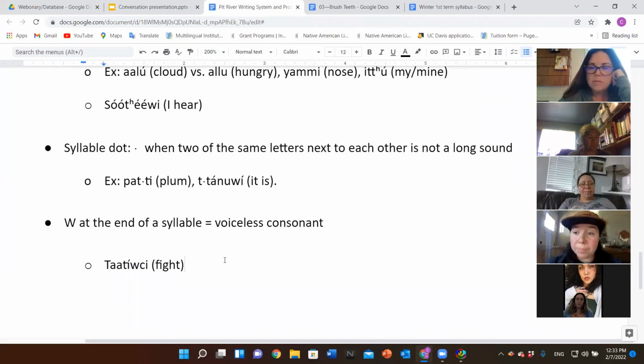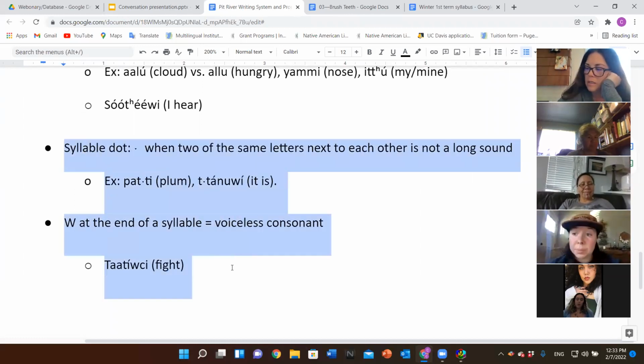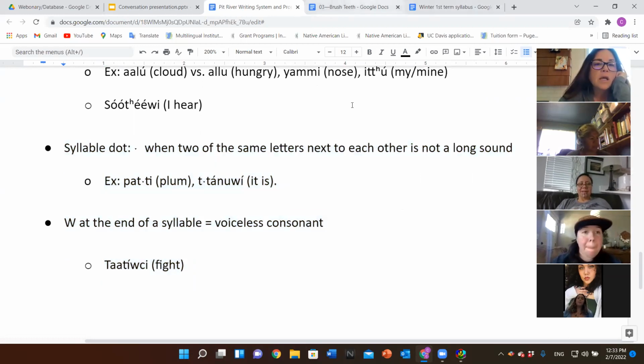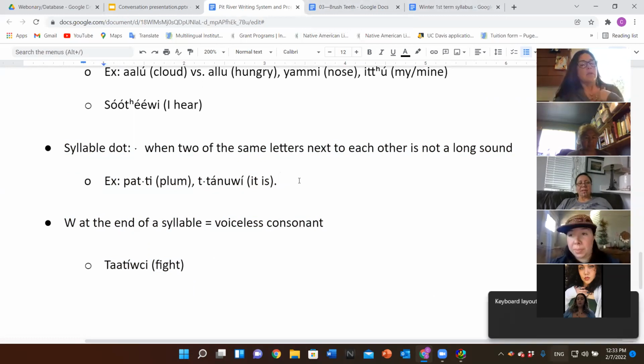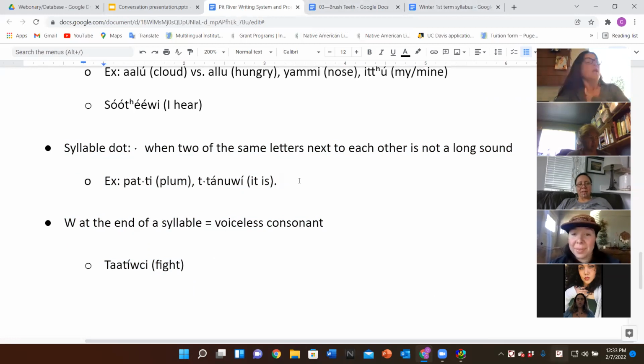Any questions on these last two rules? No? Okay. I do have a question about the word sure. Between Tadanawi and Tianawi, what's the difference?